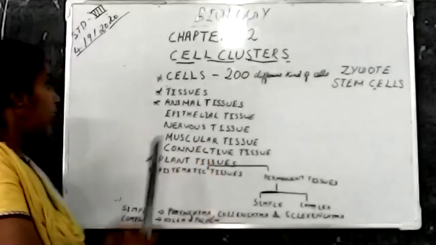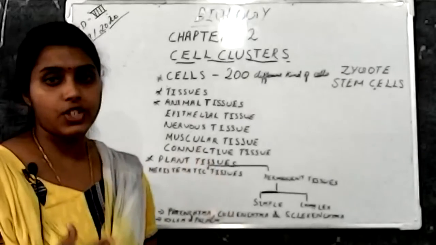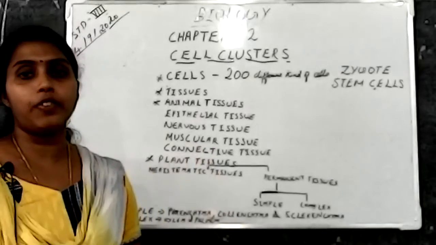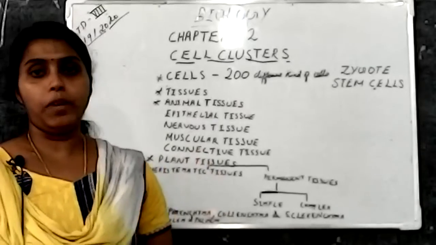Muscular tissue has the capacity to contract and relax. This contraction and relaxation is the peculiarity of muscular tissue, and it helps in body movement.